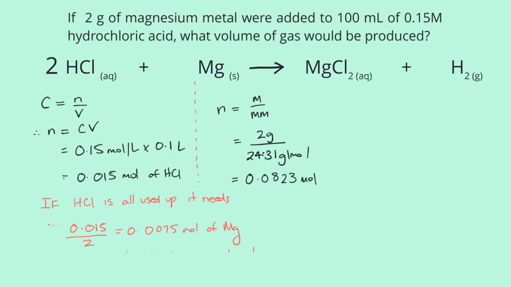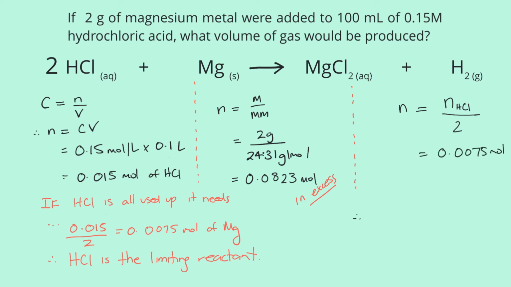So we would need 0.0075 moles of magnesium, and we've got heaps more than that. And that of course means that HCl is the limiting reagent. That means HCl is going to limit how much hydrogen is produced. So we can use the stoichiometry again to work out how many moles of hydrogen there is, and we get 0.0075 moles.